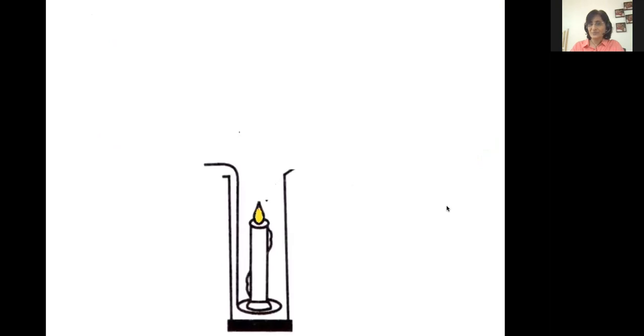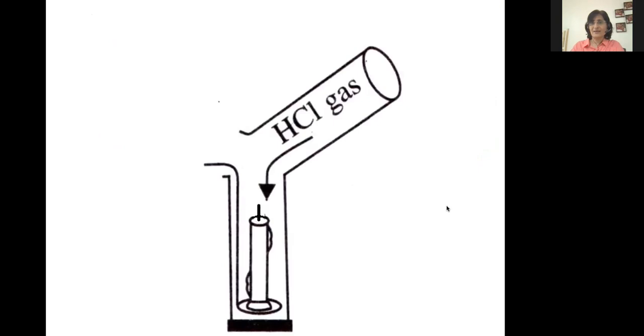You bring an empty gas jar containing a lighted candle. So the air in the jar supports combustion of the candle. And then, as you can see, when you bring the HCl gas, the HCl gas is going down, and the candle got extinguished.